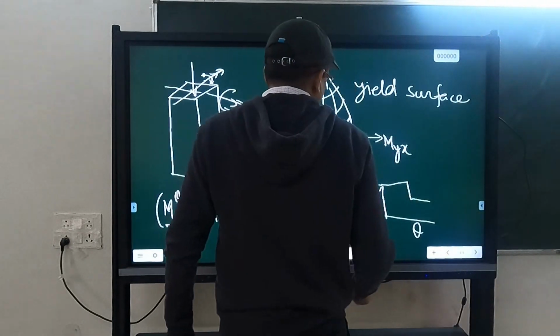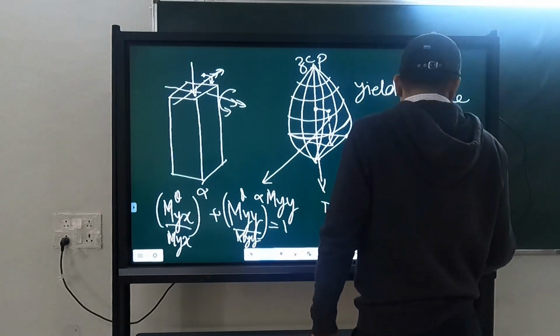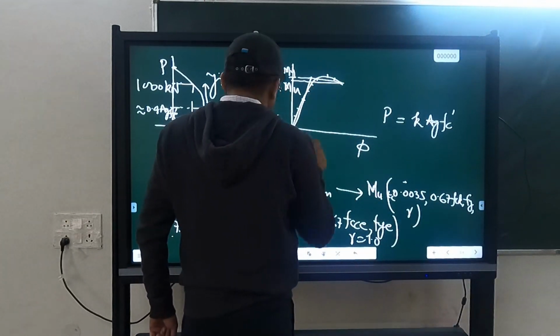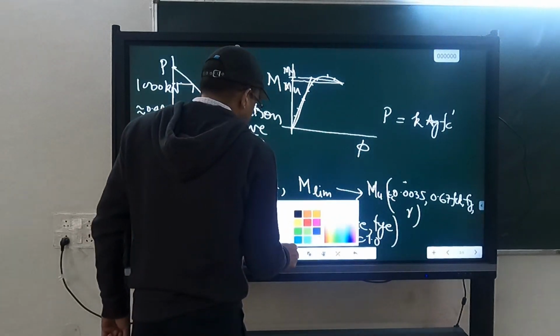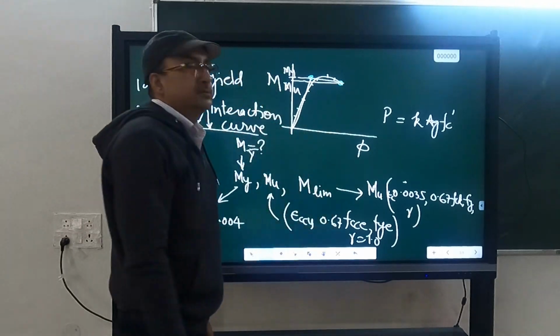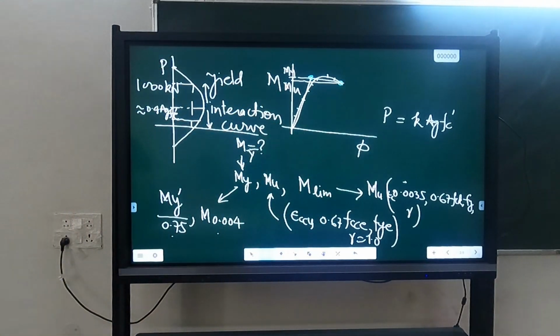So this you can see from this curve. The difference between PMU and PMY will depend upon the difference of this and this. So you can see in moment there is not much difference. At some axial force MU will be slightly larger, and at some axial force MU will be slightly smaller than MY.